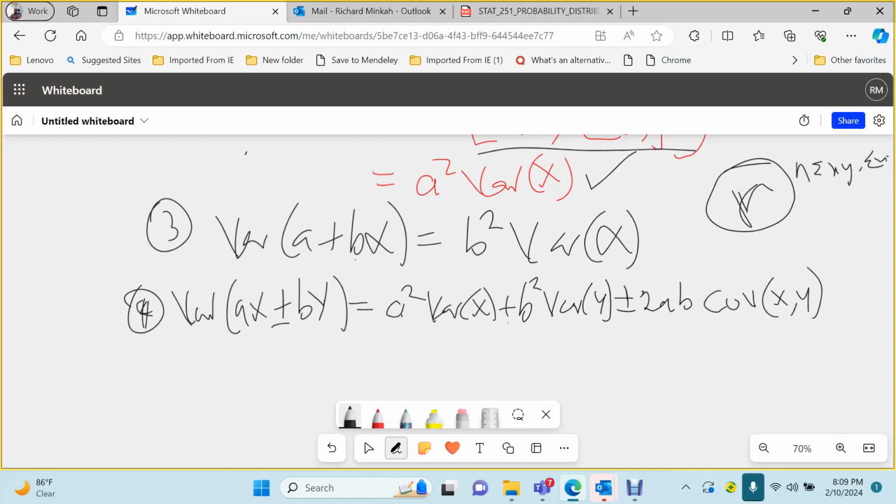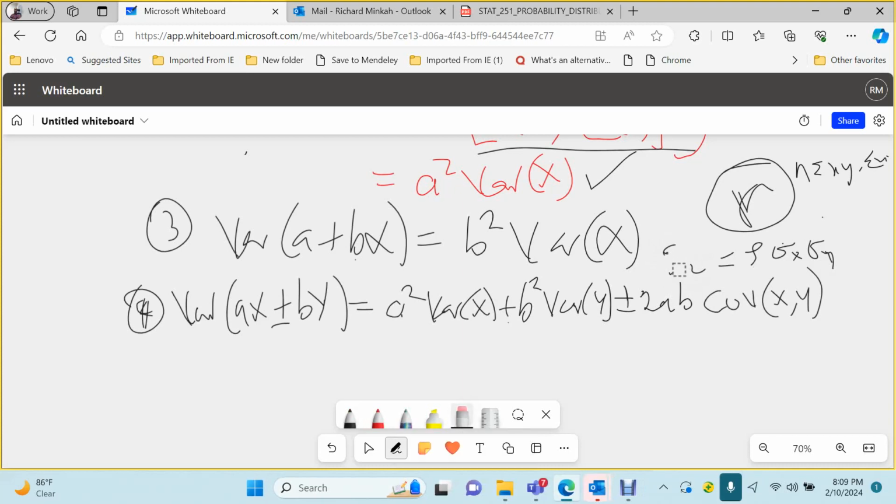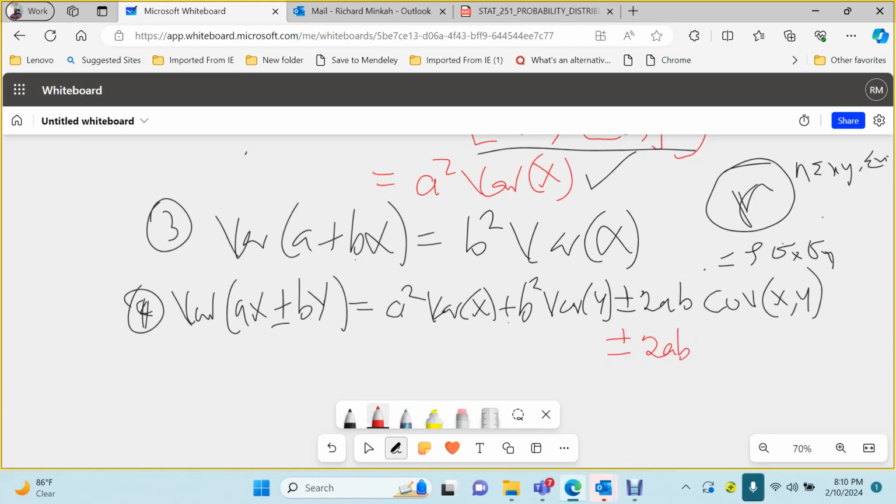And remember, the covariance is the same as rho times sigma x, sigma y. This is the equation of the covariance of X and Y. So essentially, we can write this also as plus or minus 2ab rho sigma x sigma y. It's the same.